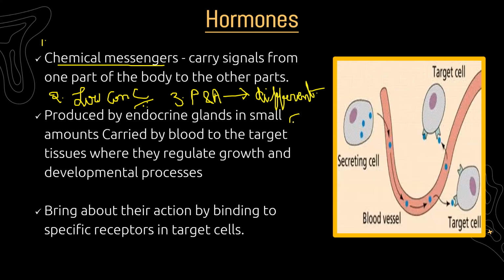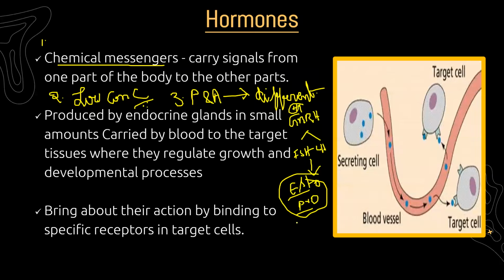Suppose at the hypothalamus, you know very well, GnRH hormone will be released. GnRH hormone further stimulates the release of FSH and LH. FSH and LH are involved in the production of estrogen and progesterone. What I'm trying to explain is that the production of estrogen and progesterone is started at the hypothalamus.